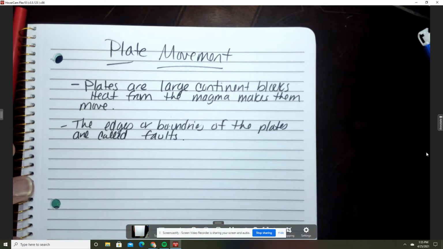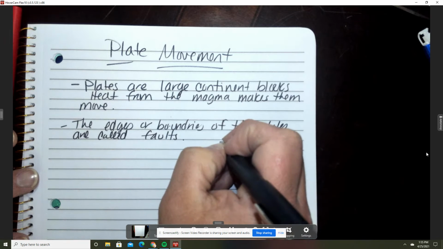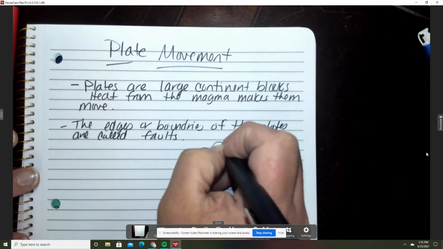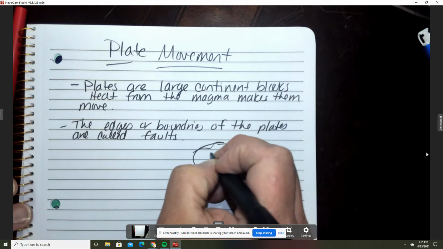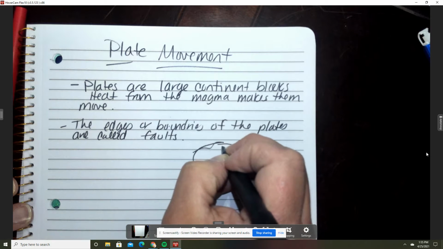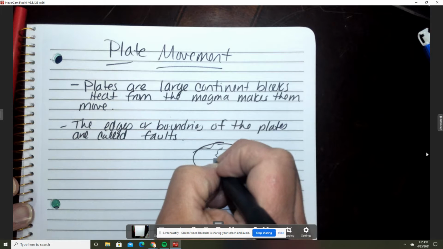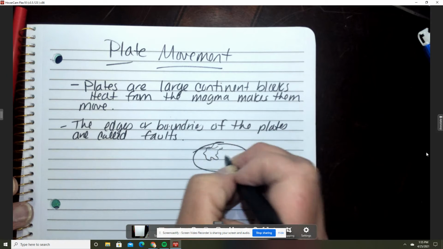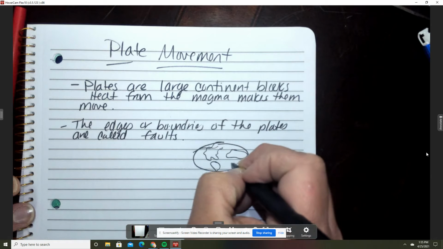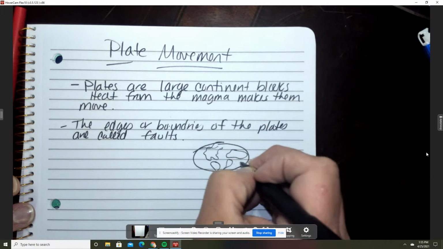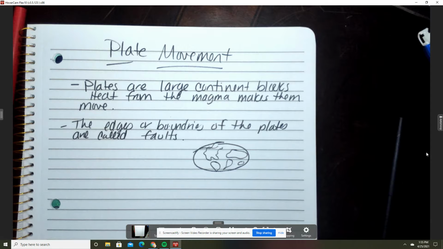Okay? So we have the earth. And let's just say we've got, I can't draw, but here's my United States. Okay, so that's the world map.